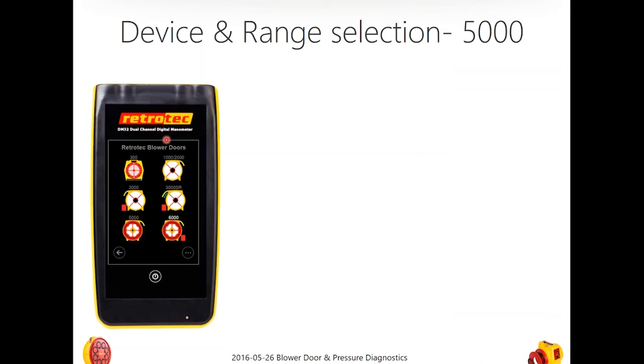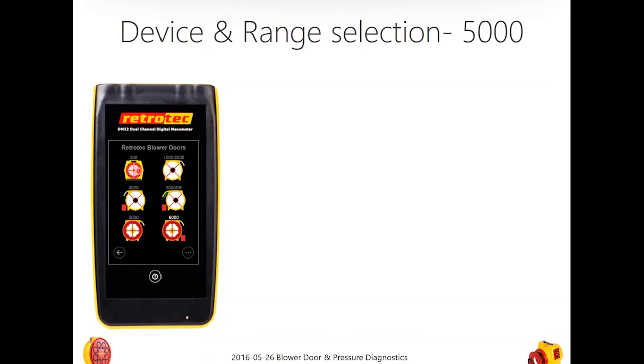So if I'm using it as a blower door, I choose this one rather than the 300 that I would find in the duct tester listing. My 1000, 2000, 3000, 3000 SR, the 5000, and the 6000 are all available here. So all I do is say, well, it looks like this one, not like this one. I touch it, and then I get my choice of configurations.